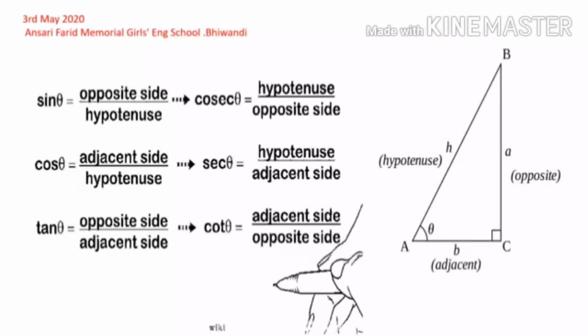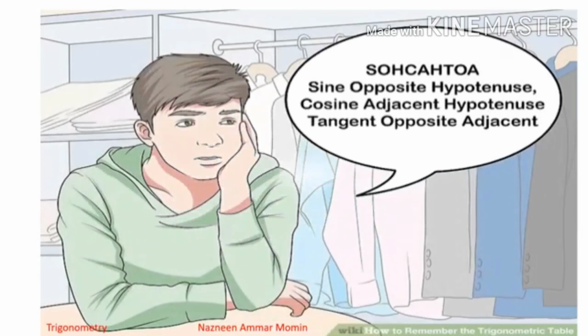So let's move further to how to remember this. For this you can use a mnemonic. Sine is equal to opposite upon hypotenuse. Next, cos, also known as cosine, is equal to adjacent upon hypotenuse.